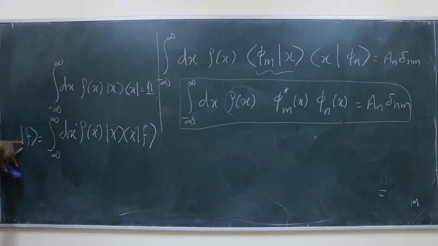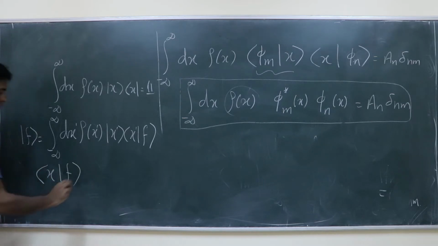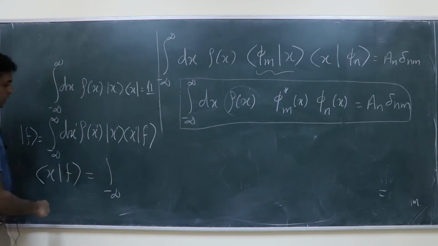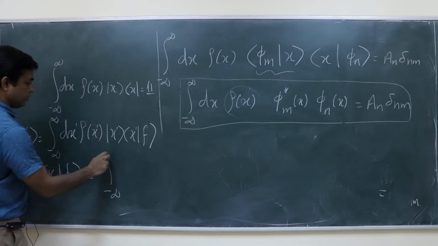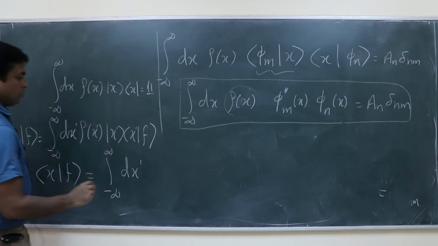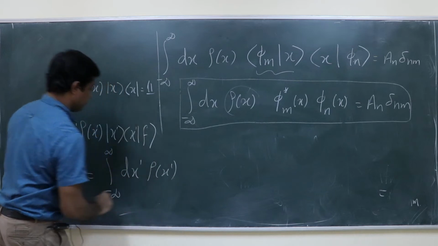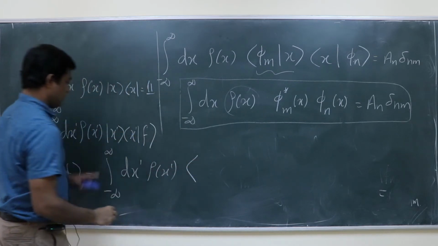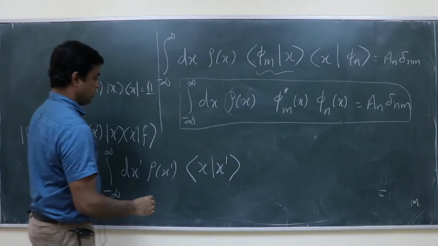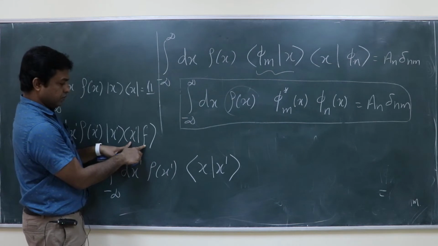Now you act bra x from the left hand side. So what do you get on the left hand side? Bra x ket f, which is f of x. And on the right, integral minus infinity to infinity dx prime rho of x prime bra x ket x prime bra x prime ket f. So what is bra x prime ket f?